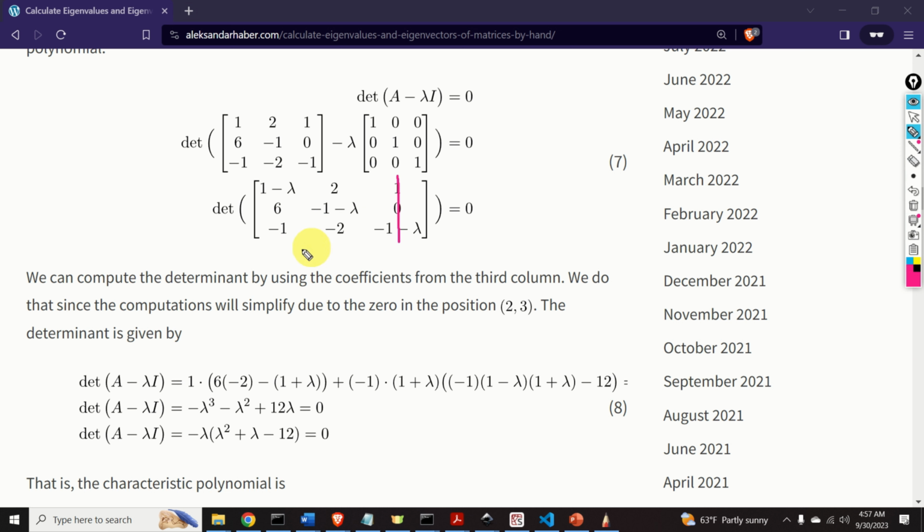We erase this column and this row, and we compute the determinant of this submatrix. And here's the result. From this expression, we obtain this expression, and we can rearrange it to obtain our final characteristic polynomial over here.